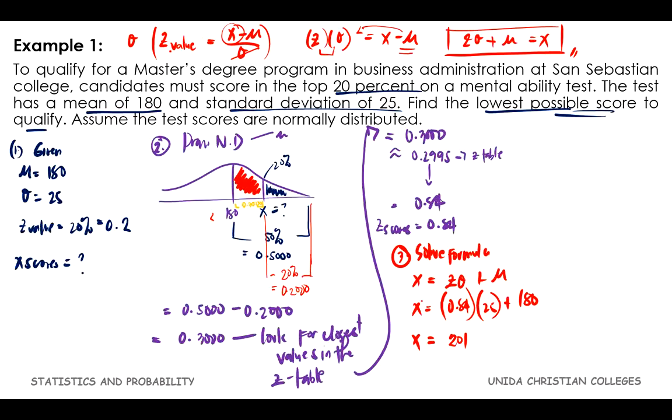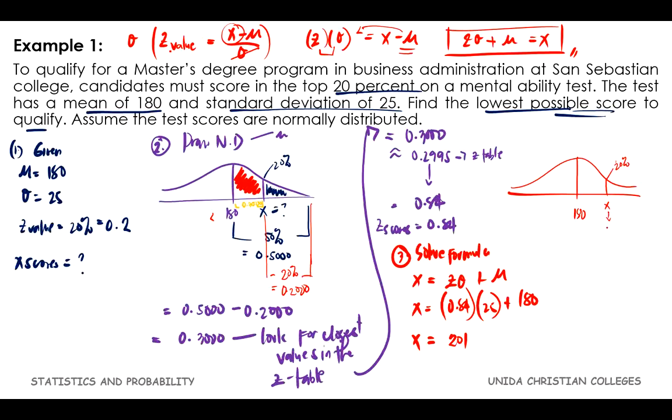Okay? So, ibig sabihin, if we are going to draw this again, kasi masyadong madumi na yung drawing natin sa una. So, drawing tayo ulit ng isa. Our mean is 180. Meaning, ito daw kasi, ayan si top 20%. Ayan si x.